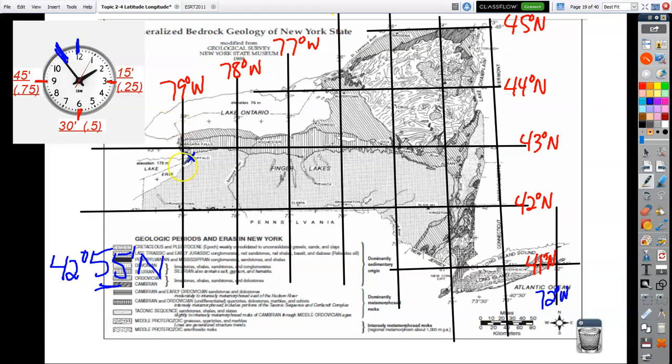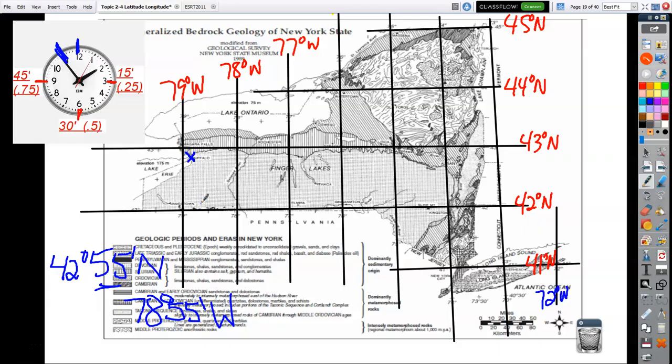This is 79 west. I'm not quite 79, so I'm just shy, maybe 5 minutes approximately, before I hit 79. So my longitude's going to be 78 degrees and 55 minutes west, because I'm almost to 79.